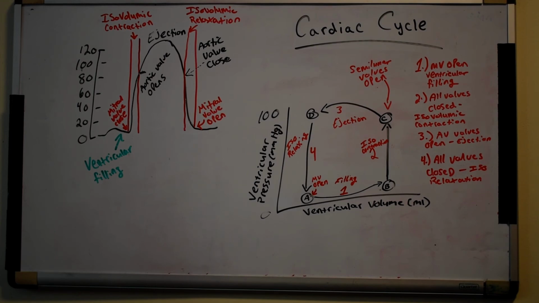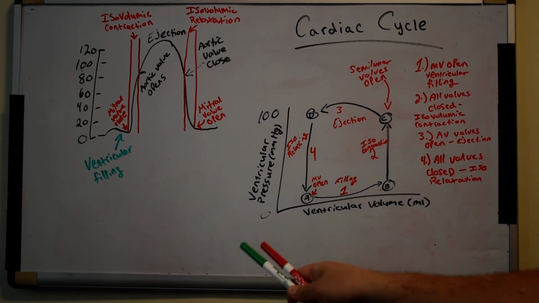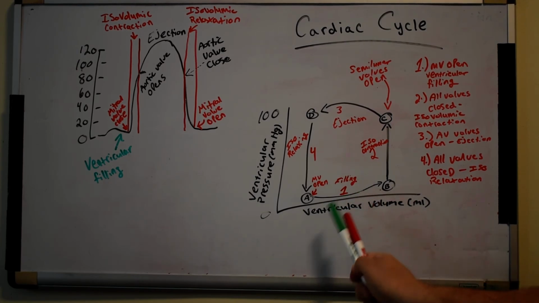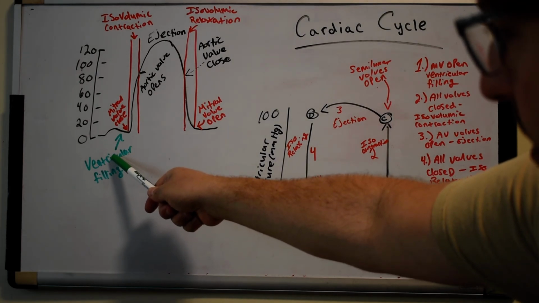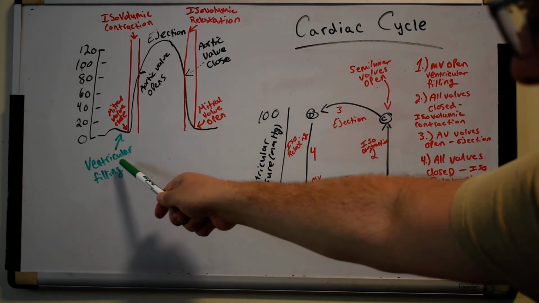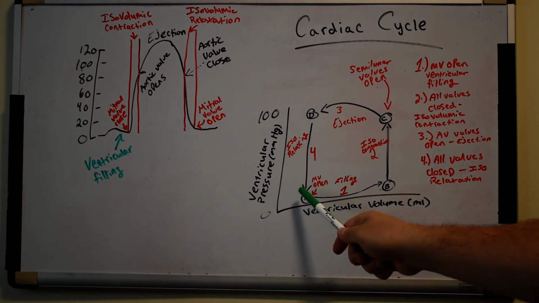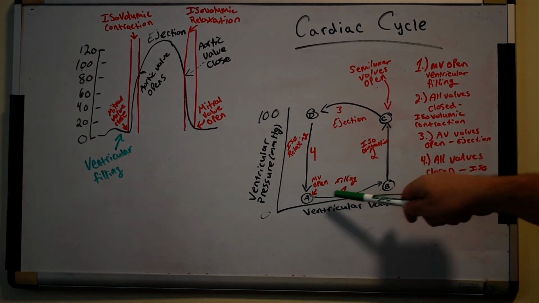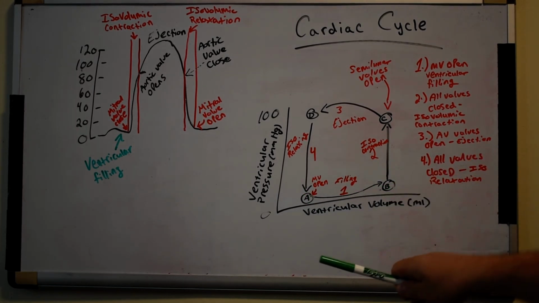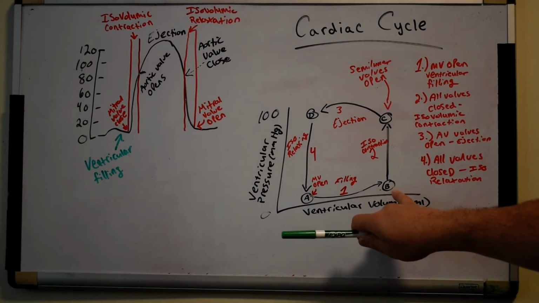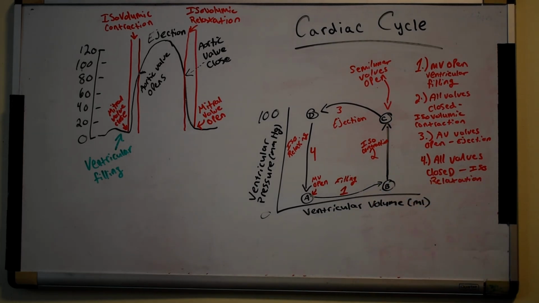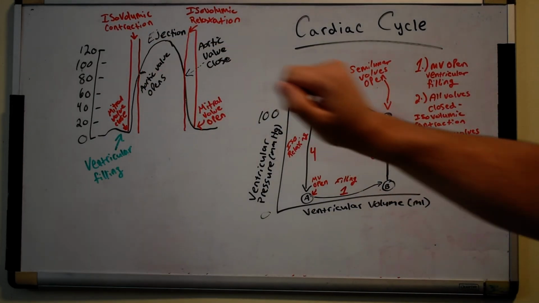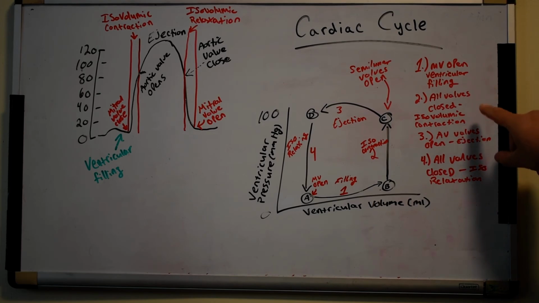So what we are looking at on this loop, ventricular filling, right? So we had ventricular filling over here, where our tricuspid and mitral valves are open. We have filling, so volume is going to increase while pressure stays low. We're going to get to point B. After we are filled, and we're at B in stage 2, that's when we're in our isovolumic contraction, where all valves are closed.